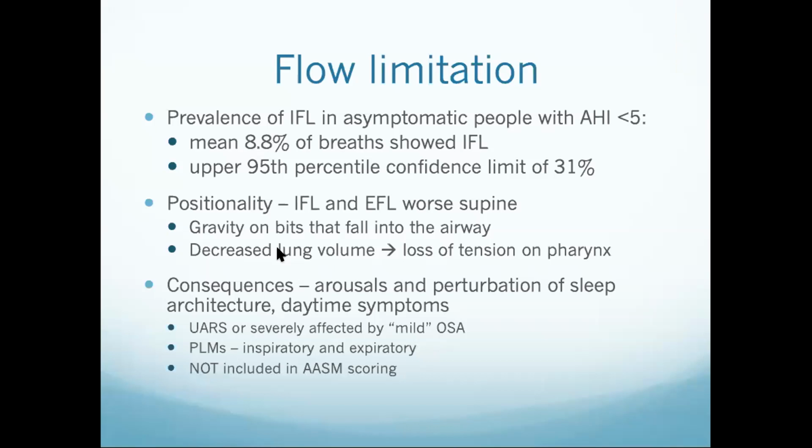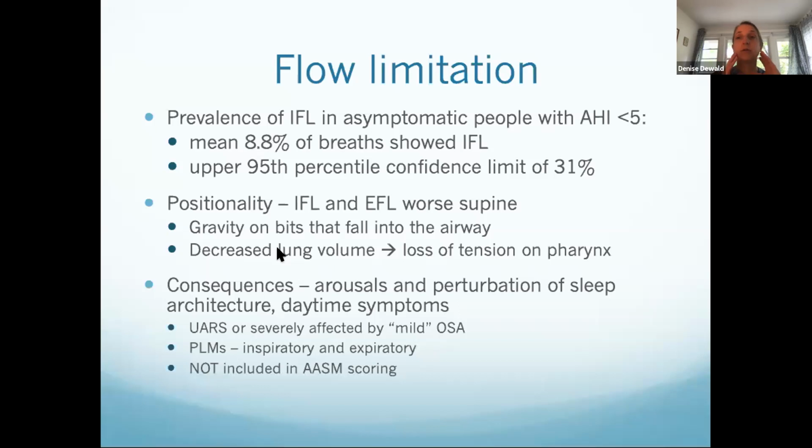Okay, so the larger your lungs are, the more your pharynx is stretched. And the stretching of your pharynx is going to decrease its ability to fold inward. So that's one of the mechanisms of CPAP, is to increase your lung volume. It's not necessarily a stent in the airway. You're making your lungs bigger with that extra pressure.